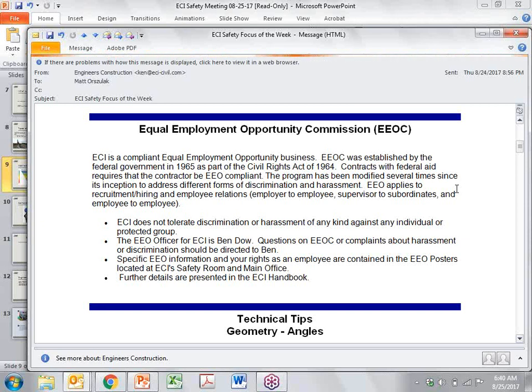The program has been modified several times since its inception, of course, and a lot of newer types of issues have come up. EEO applies to recruitment and hiring, as well as employee relations. Employee relations covers employer to employee, supervisor to subordinates, and employee to employee.